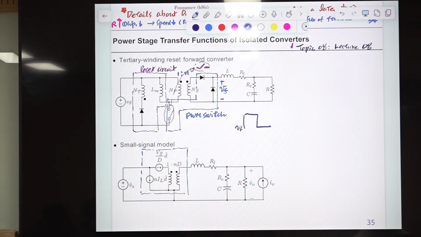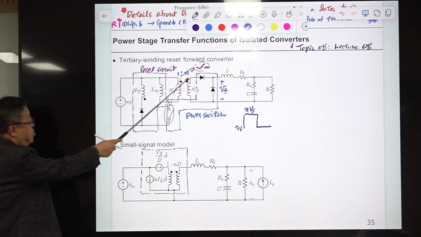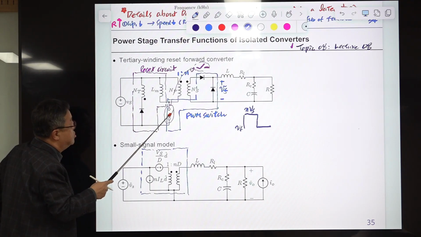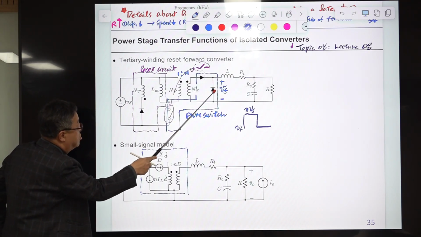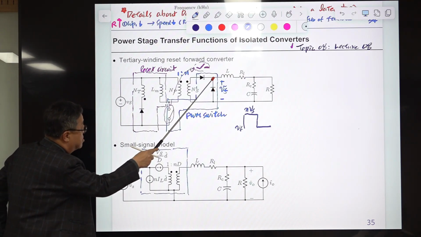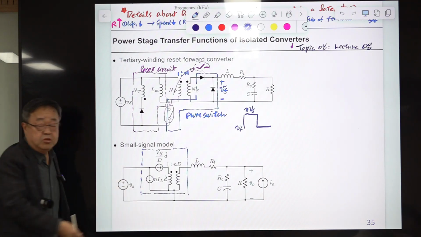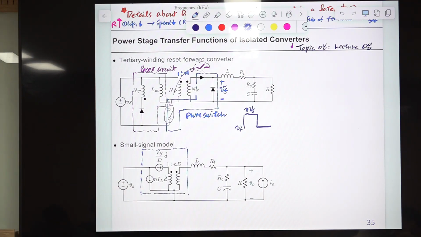So this value is NVS. When this switch is turned off, this diode is conducting, then the voltage across this and this is 0. So VF reduces to 0. So this is 0, and this will be repeated like this.